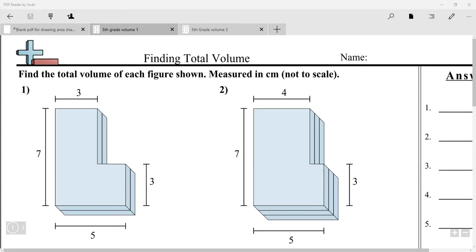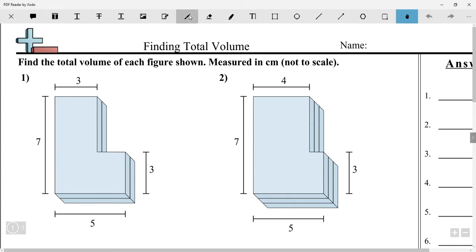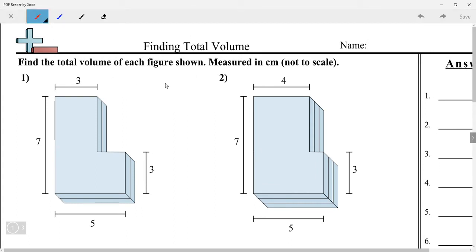Today we are going to talk about volume. Now, volume is similar to area, but whereas area would be two-dimensional, so area would be the total amount of space, say, a floor takes up, right?